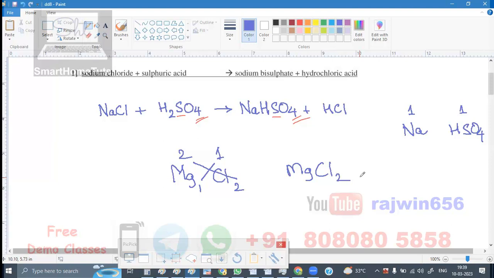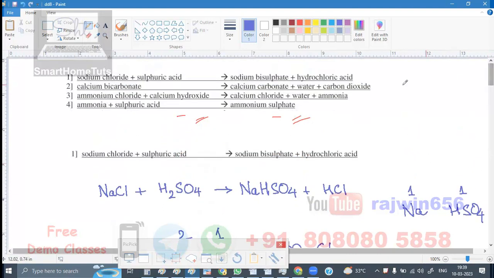Any other questions you have from here? No. Or else you can take up the second equation. Okay, this is the second equation which we are having. Calcium bicarbonate, that is calcium hydrogen carbonate.